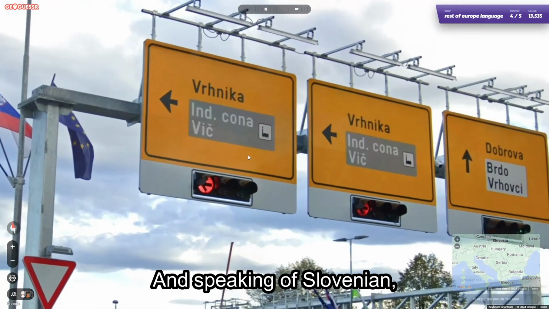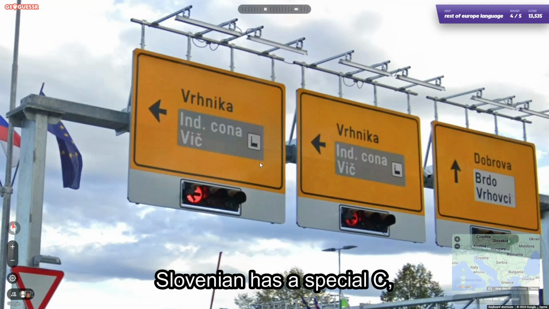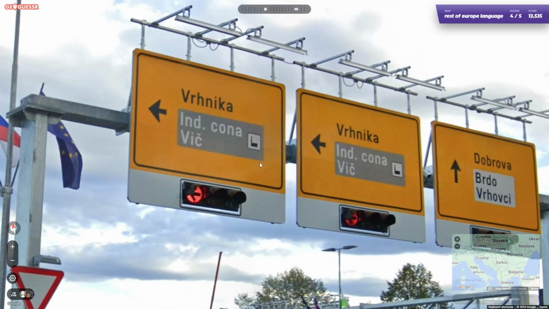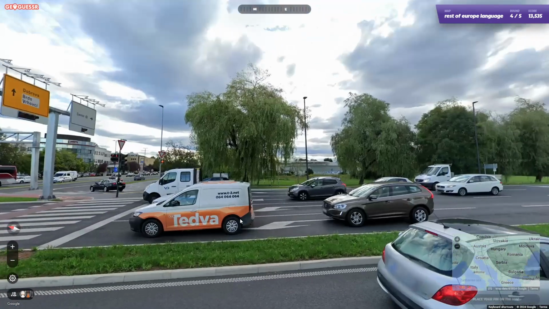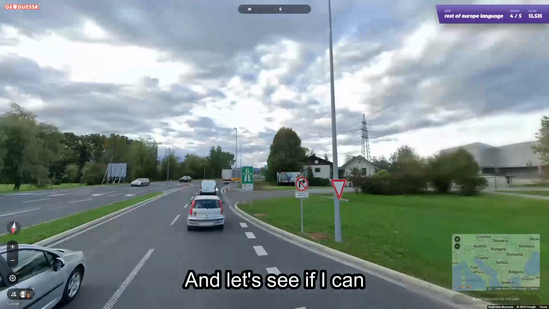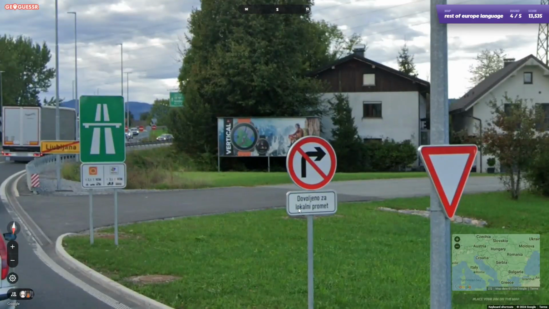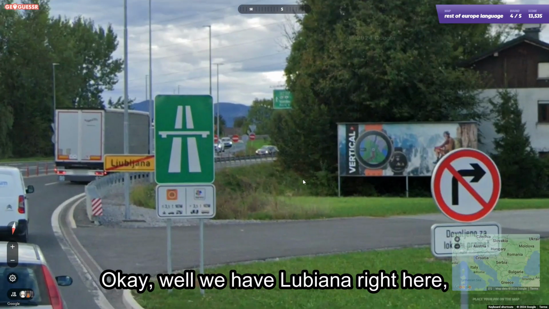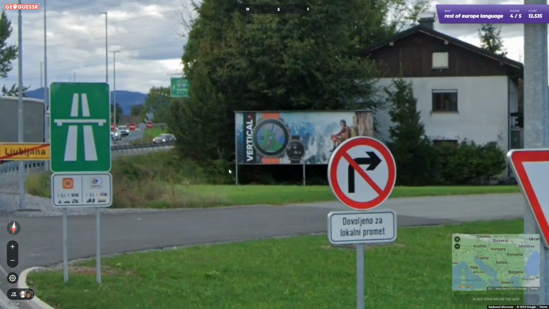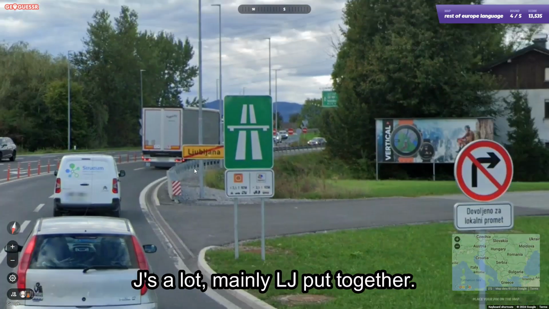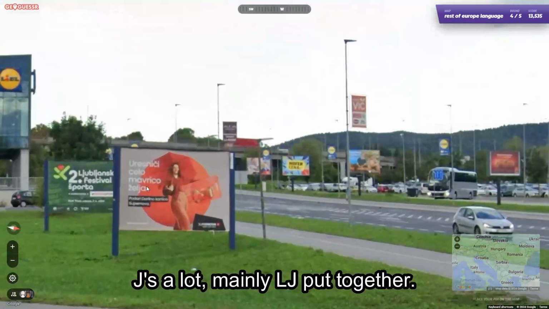And speaking of Slovenian, Slovenian has a special C, S, and Z of their own. And let me see if I can get something. Okay, well, we have Ljubljana right here, which is the capital. But yeah, Slovenia likes to use J's a lot, mainly LJ put together.